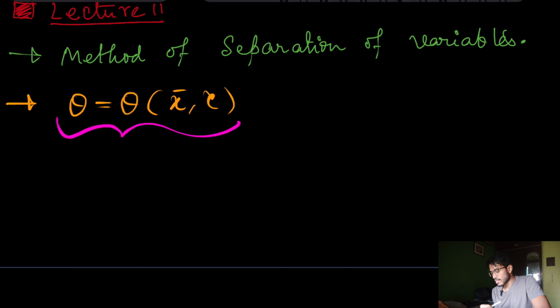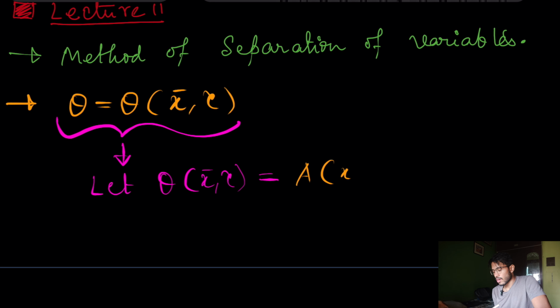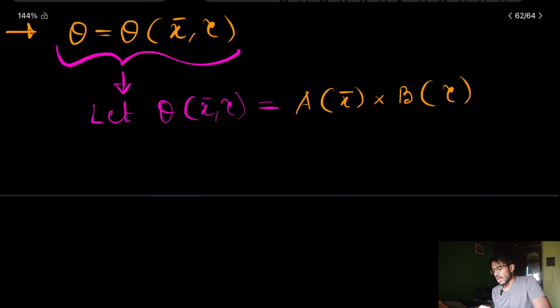So what is the first step that comes from the name itself? We have to separate this variable and write: let theta, which is a function of X bar comma tau, be written as some A, which is a sole function of X bar, into some B, which is a sole function of tau. Now you might be thinking, why this kind of breaking, A into B?